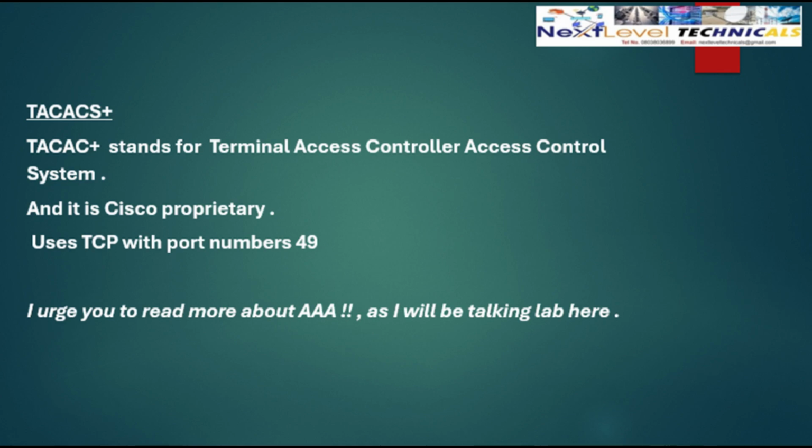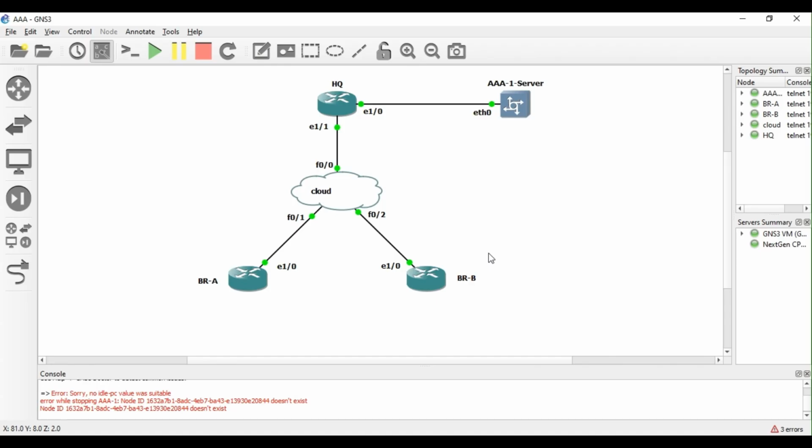So without any further delay, I'll be talking about the implementation and configuration of RADIUS and TACACS in our branch offices. On the screen here is the network design that I'm using, just a simulation.